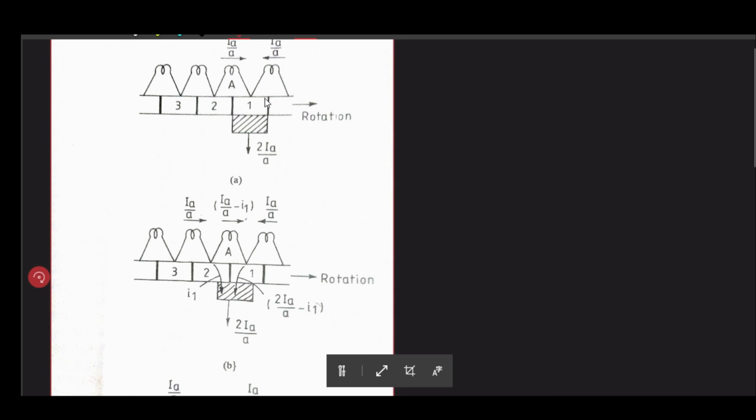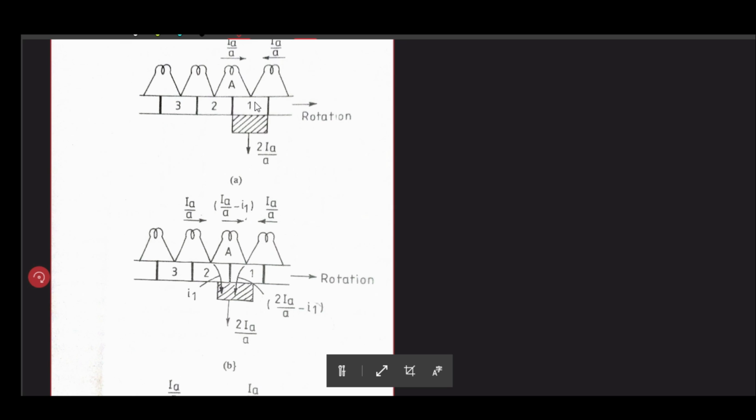Suppose we are considering commutation of coil A. Coil A and another coil are connected with tooth number 1 of the commutator, and here we are assuming that the brush width is the same as the width of the commutator tooth, right? So the brush is totally connected with tooth 1.